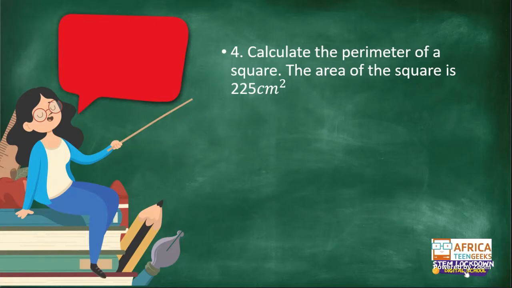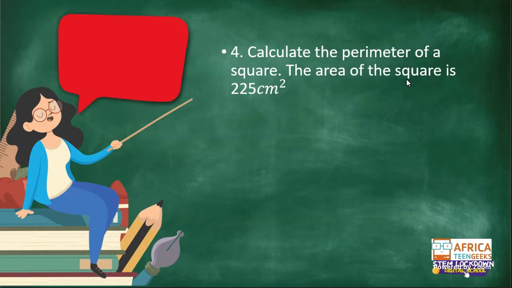You can just add 4 sides. So it will be 15 plus 15 plus 15 plus 15. So there will be 4 of those. And then 15 plus 15 is 30, 30 plus 15 gives you 45, and 45 plus 15 will give you 60.